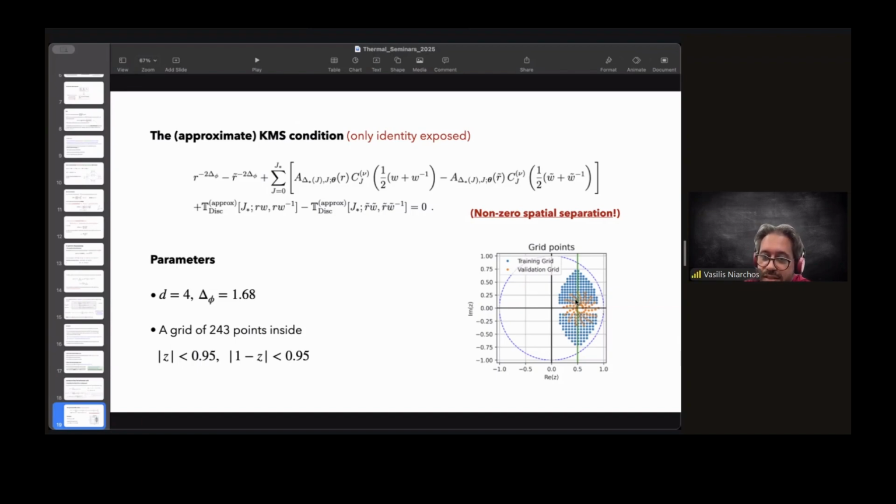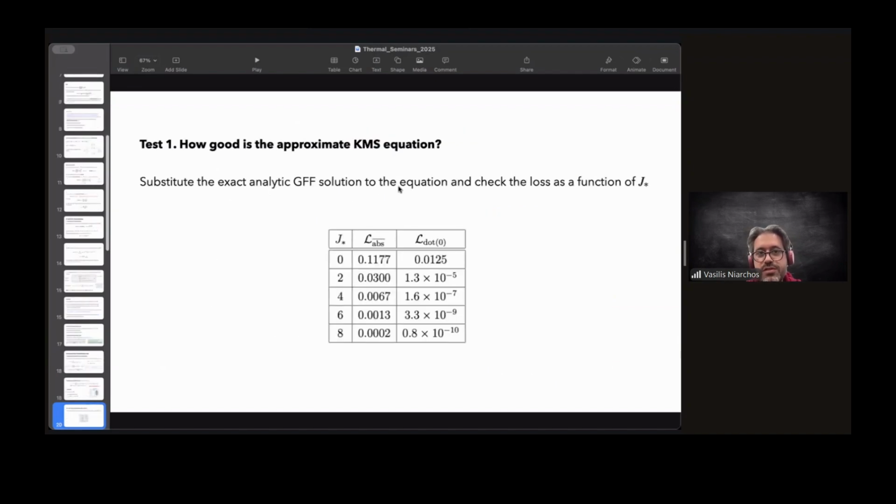All the blue points are the points that are taken into account when we try to minimize the corresponding loss, when we try to train. And the orange points are points where we get some configuration, then we evaluate it there to see how well we're doing. This grid has 243 points inside this region. So this crossing vector that I was mentioning before is 243 dimensional.